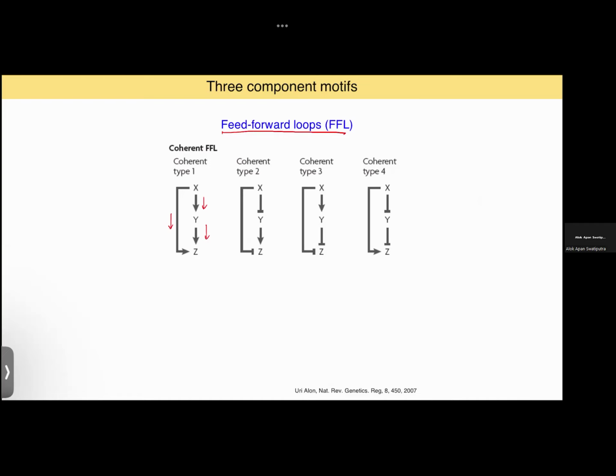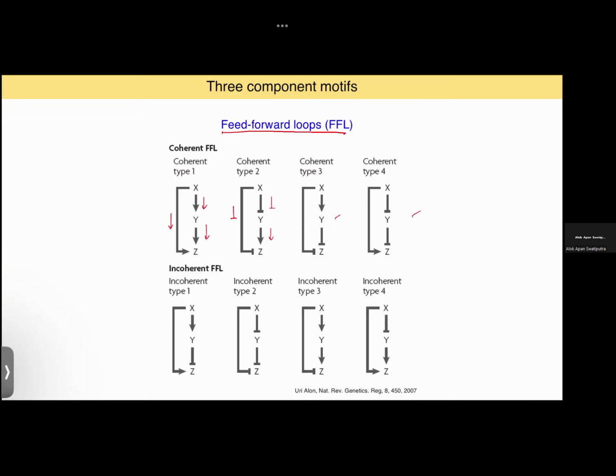So the second example, if you take a look, X inhibits Y and Y activates Z, but X inhibits Z. So in both the pathways, X is inhibiting. So in the rest also you can try this out. So see, there is a coherence. Whatever is the effect through one path, the same effect is through the other path involving intermediates.